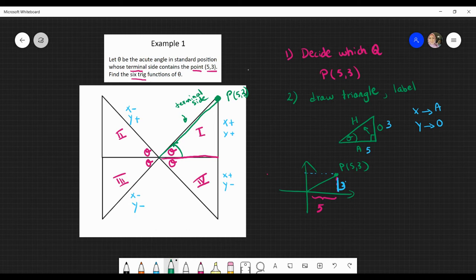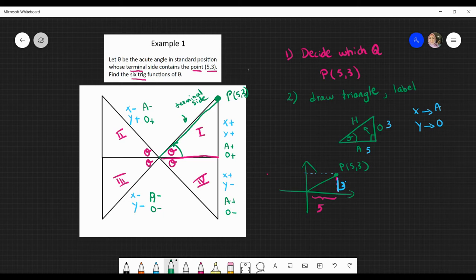So if I go back and use adjacent and opposite instead of x and y: in quadrant 1, both adjacent and opposite are positive. In quadrant 3, both are negative. In quadrant 2, adjacent is negative, opposite is positive. In quadrant 4, adjacent is positive, opposite is negative. You're going to see how that helps us in finding the trig functions.